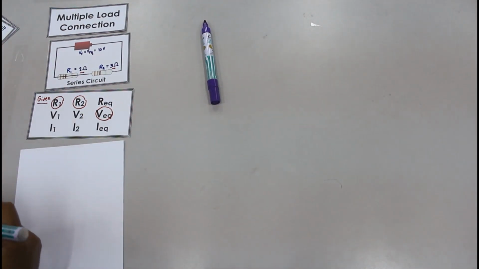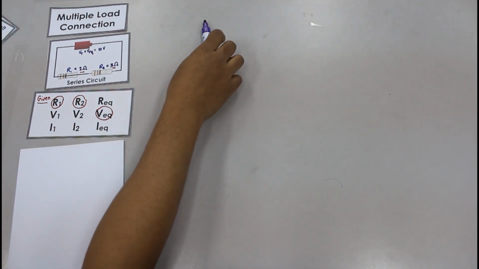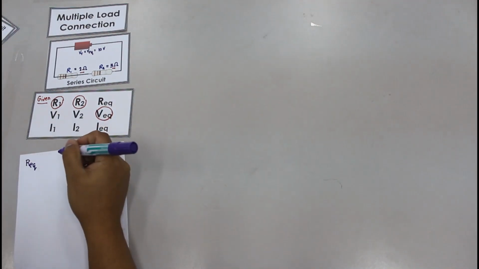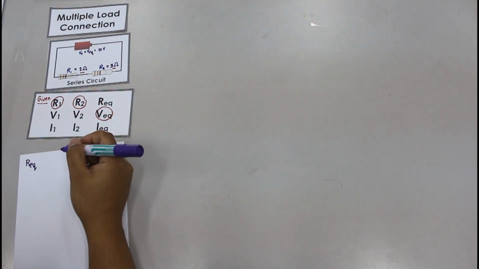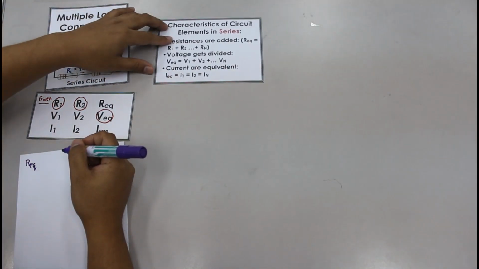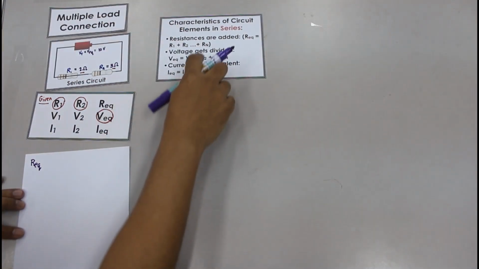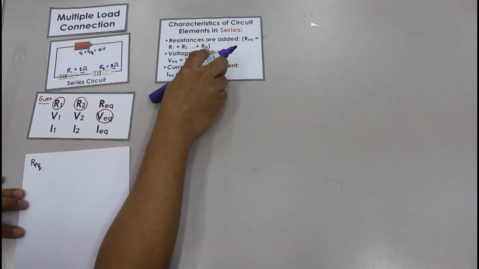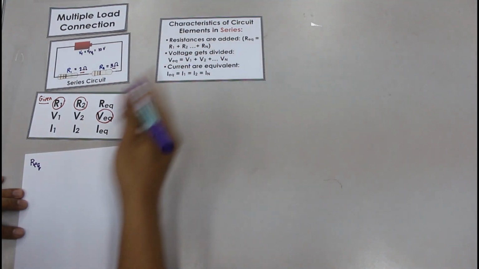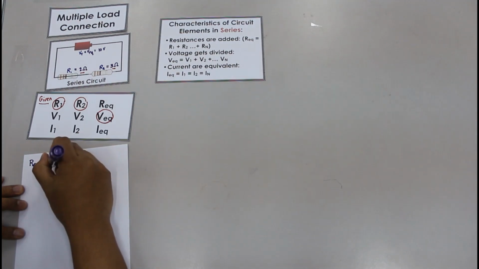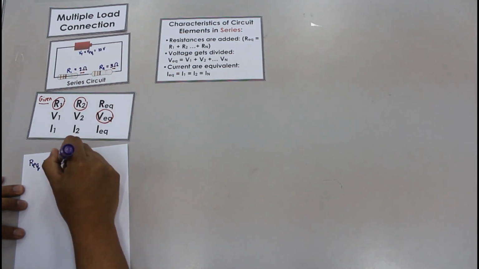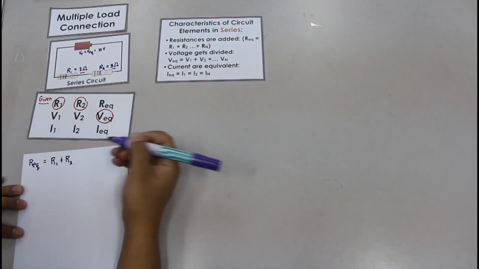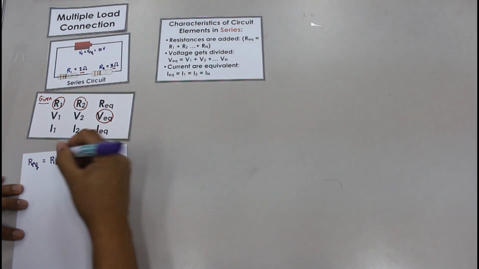First, we can solve for the R equivalent. We have to recall the basic characteristics of circuits in series, that in order for us to solve for the total resistance or the equivalent resistance, we simply add. That means R1 plus R2 will give us the value of our R equivalent.